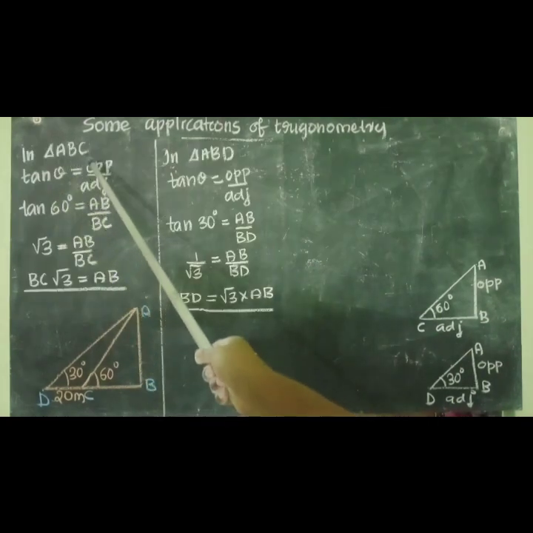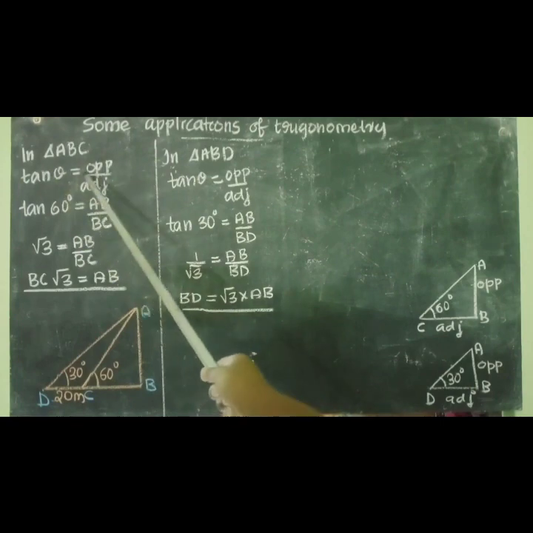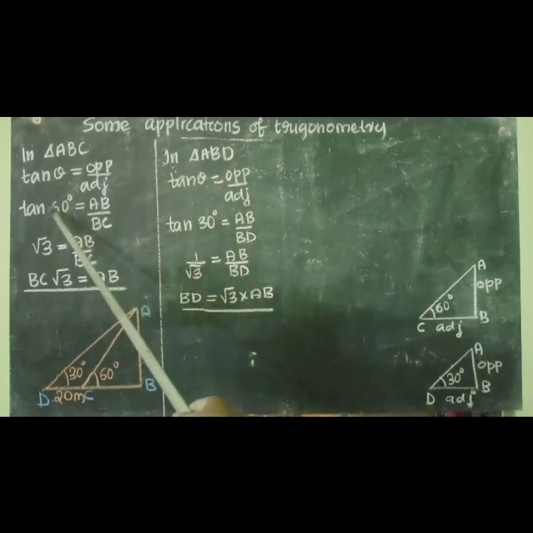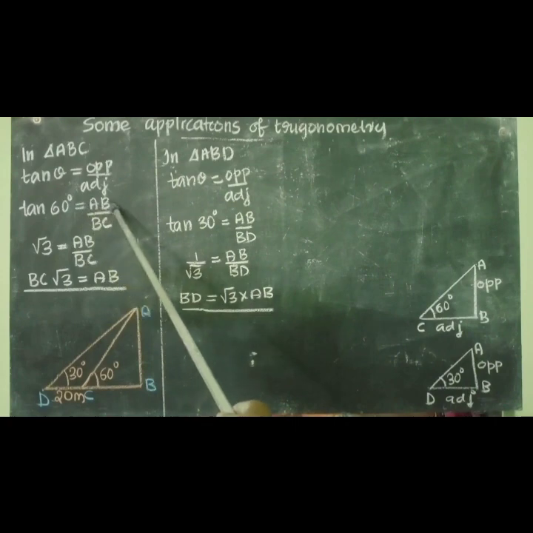In triangle ABC, tan theta equal to opposite side by adjacent side. First case, theta equal to 60 degree, opposite is AB, adjacent is BC. So, tan 60 degree equal to AB by BC. Tan 60 degree is root 3.